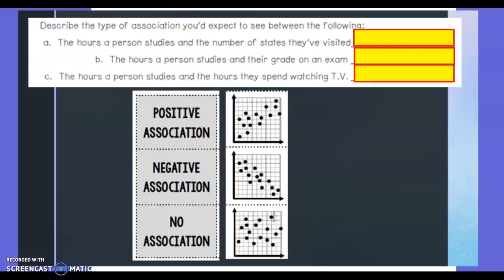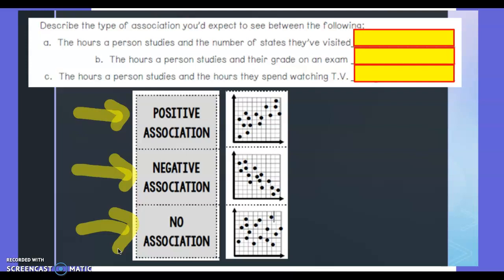So let's apply that just a little bit here. At the bottom, I've got examples of a positive association, negative, and no association, and what the graphs would look like. Let's talk about 3 examples and see which of the 3 categories these would fall in. So first of all, letter A says, the hours a person studies and the number of states they visited.